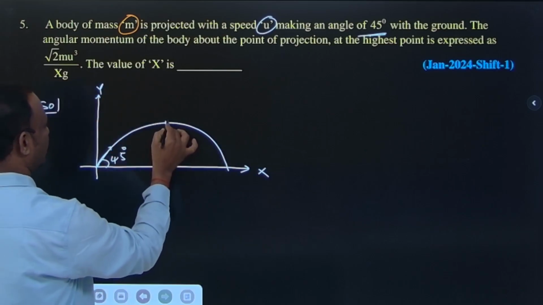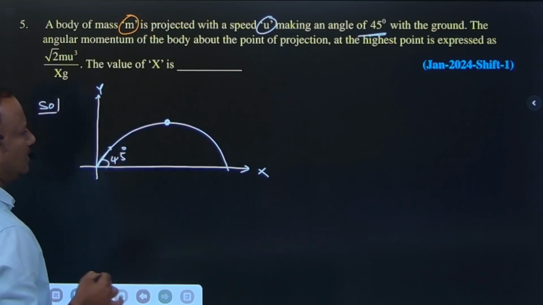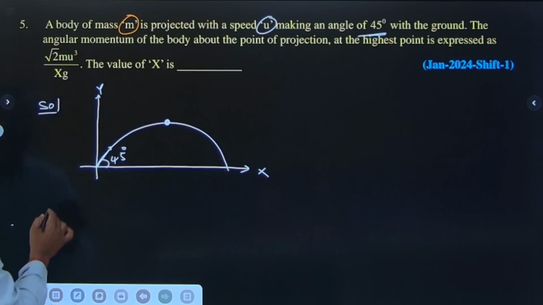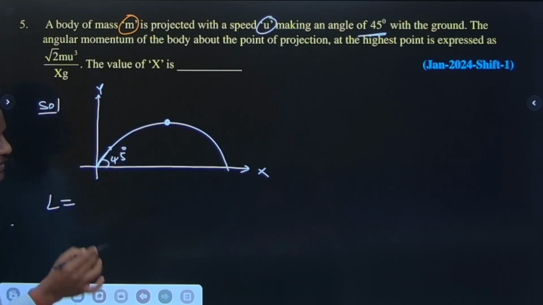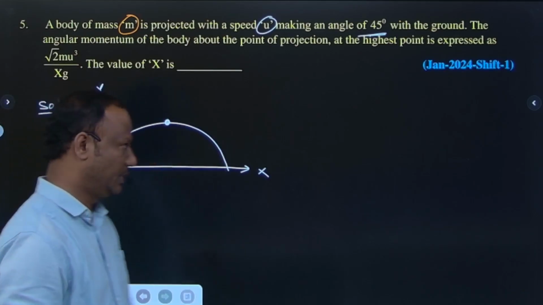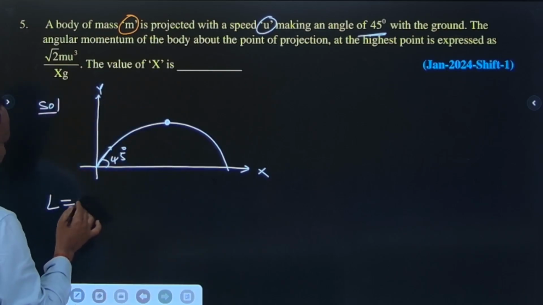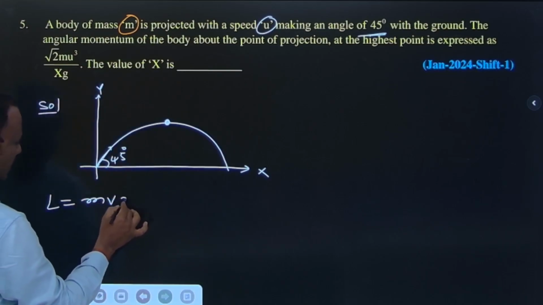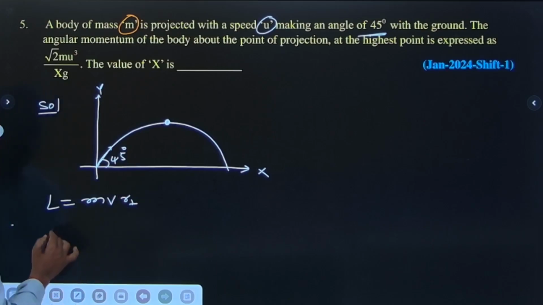At the highest point, what is the angular momentum? What is the formula for angular momentum? Angular momentum is the moment of linear momentum, so L is equal to MVR, where R is the perpendicular distance.